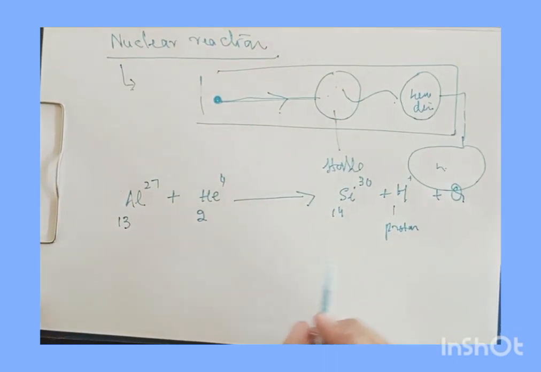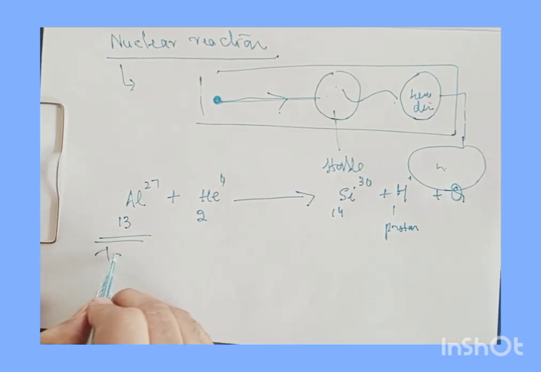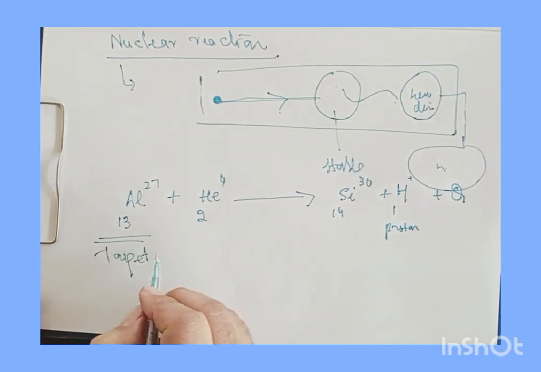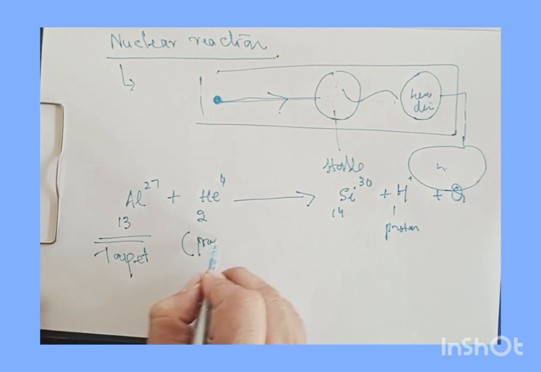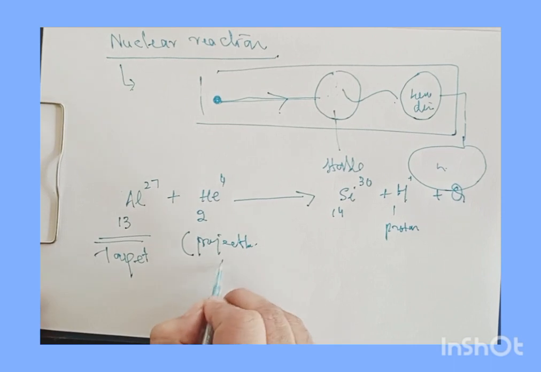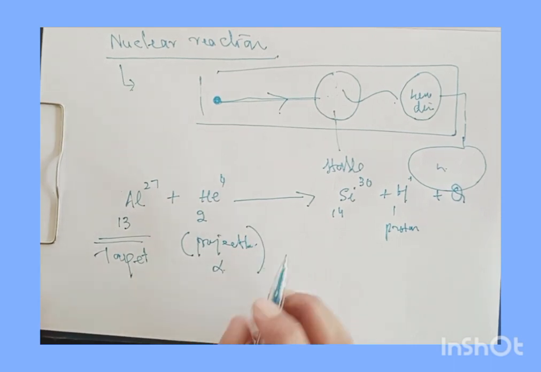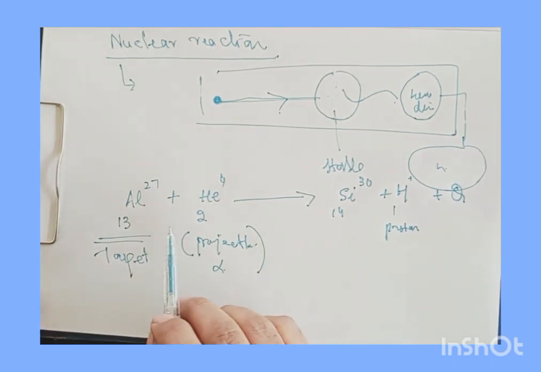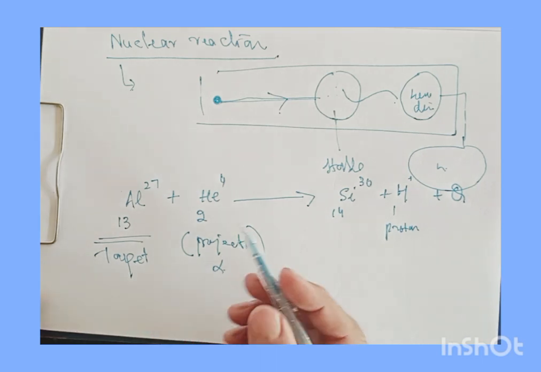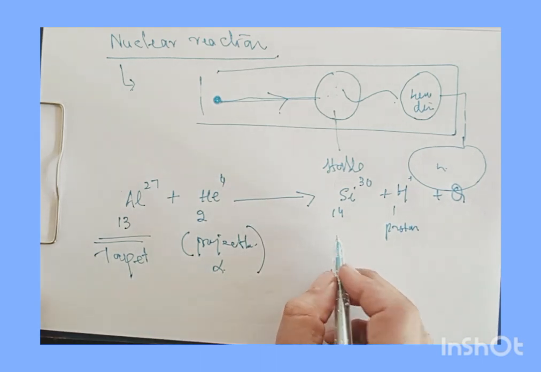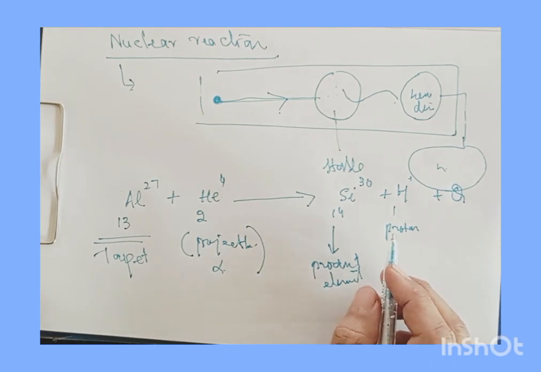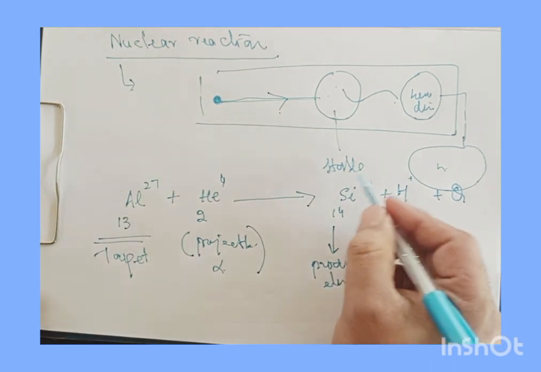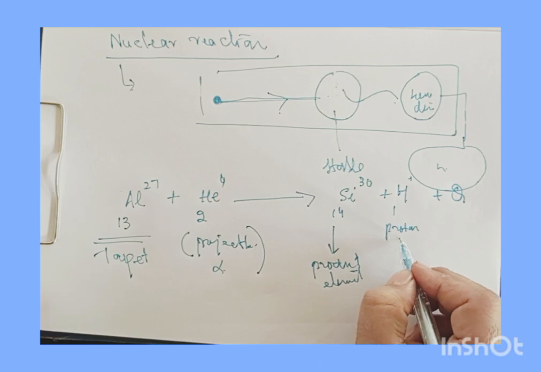Now what we have is we have target. So this is the target element, and this target is hit by a projectile, and projectile here is an alpha particle. And when this alpha particle hits this aluminum, it converts into silicon, and silicon is the product element. And then we have an outgoing particle from the reaction in terms of a proton.